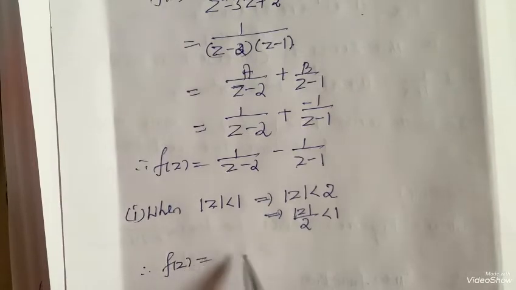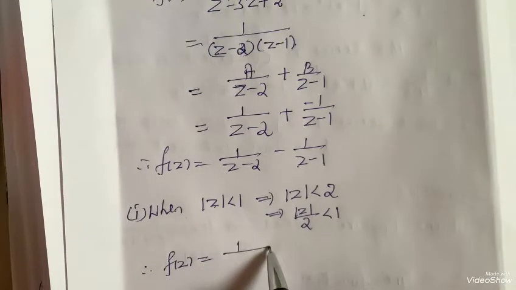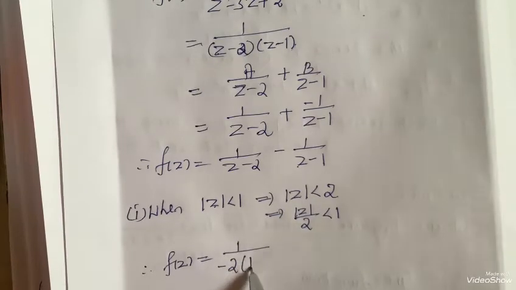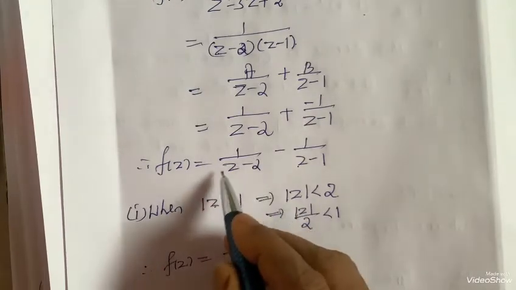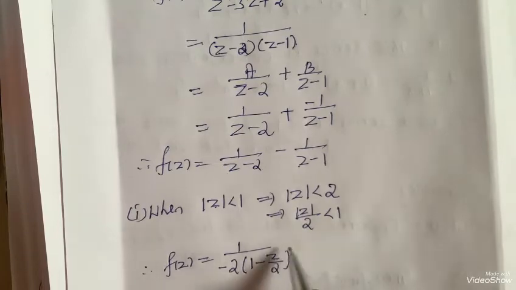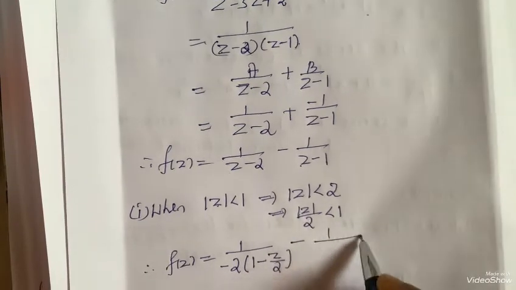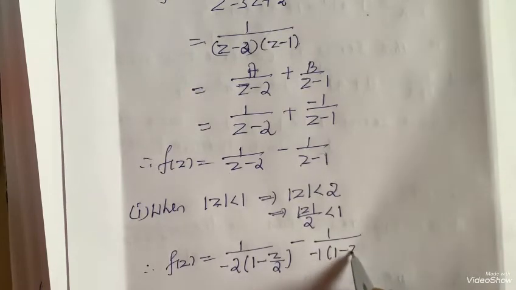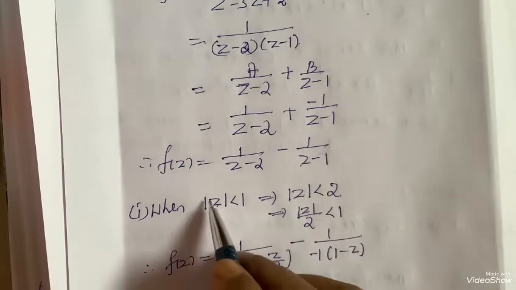Therefore f(z) is 1 upon, now what to do, bring minus 2 outside. 1 is remaining for this, minus z by 2. So now it is in the form of 1 minus x where mod x is less than 1. Then minus 1 upon, here also bring the minus outside, 1 minus z you are getting. This z is already less than 1.